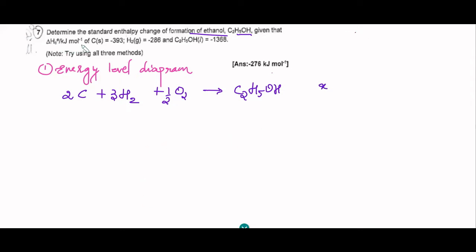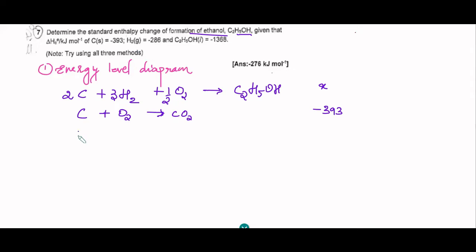Then I'm given the enthalpy of combustion for carbon. Enthalpy of combustion means I will be burning 1 mole of the substance in oxygen to give the product. Here the equation is in itself balanced. I need not balance it again. For this, the energy is minus 393 kilojoules per mole. The next one is the combustion of hydrogen.